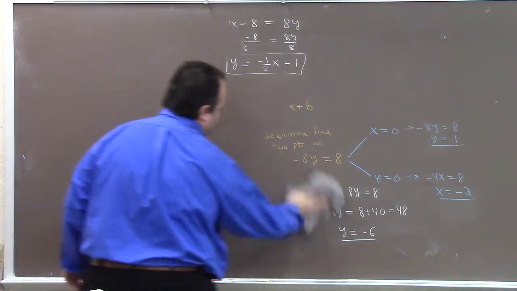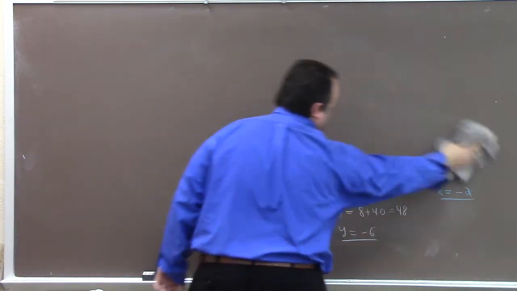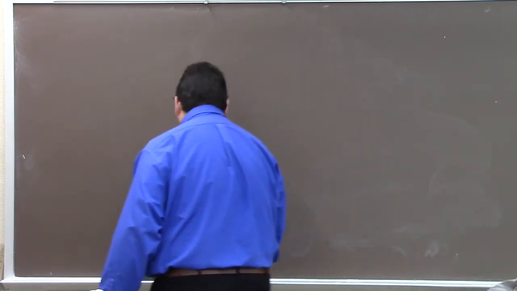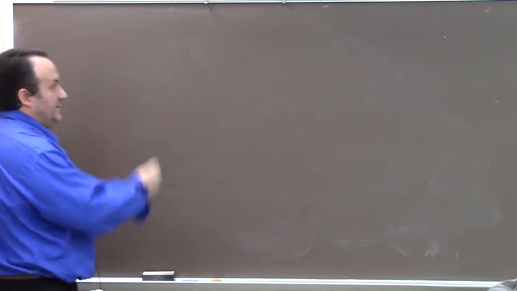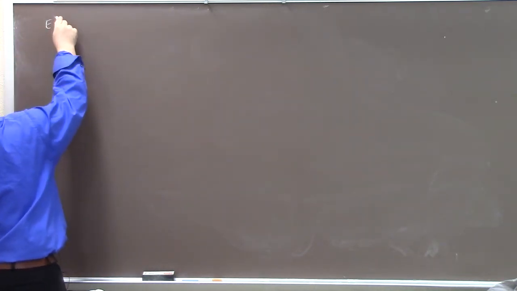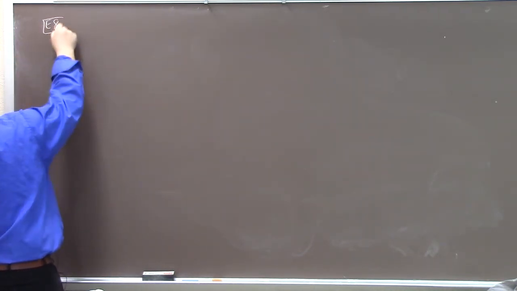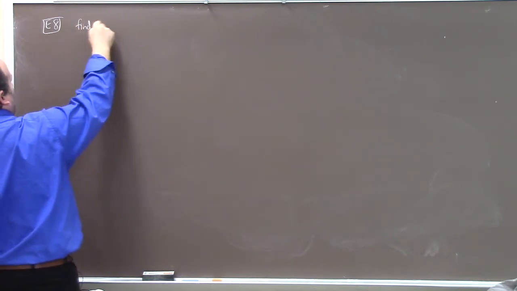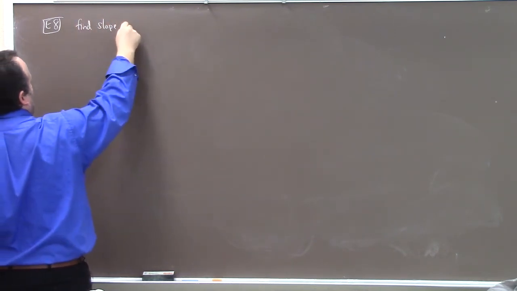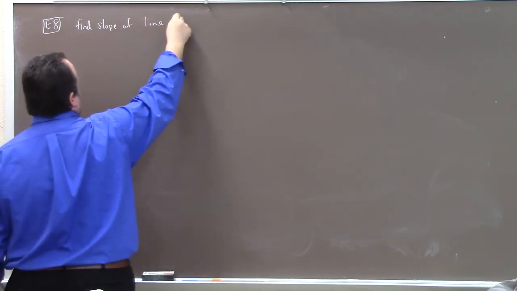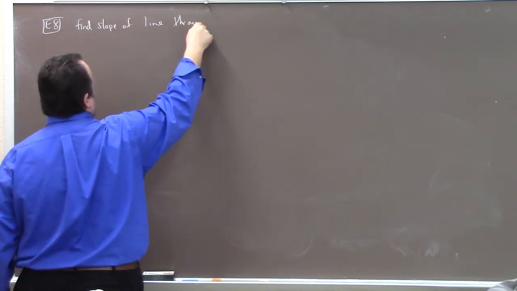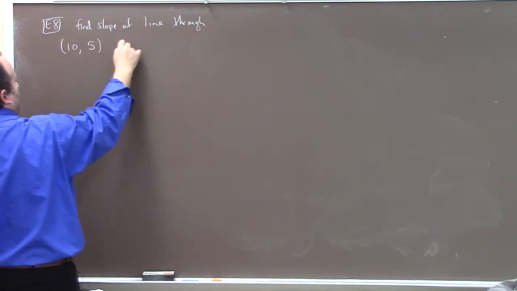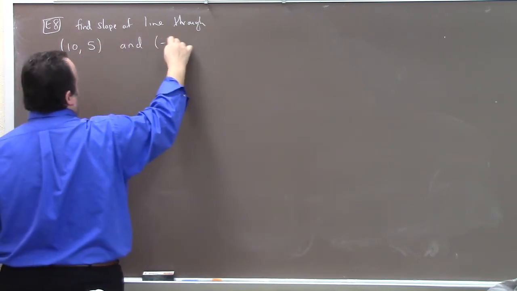Let's see here. There's some easier questions, like find the slope between 2 points, of a line that goes between 2 points, right? So, was that 7? Okay, so find the slope of the line through 10, 5, and minus 6, 3.